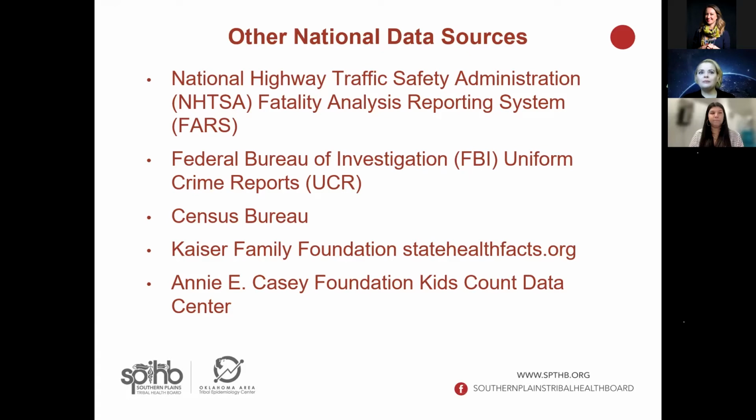Their website, depending on what you want, can be a little tricky sometimes, but it's because it has so much information to go through. And then there's the Kaiser Family Foundation and the Annie E. Casey Foundation Kids Count Data Center. There are more; these are just a few I wanted to give as examples.